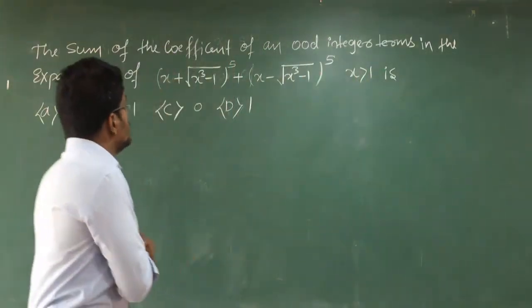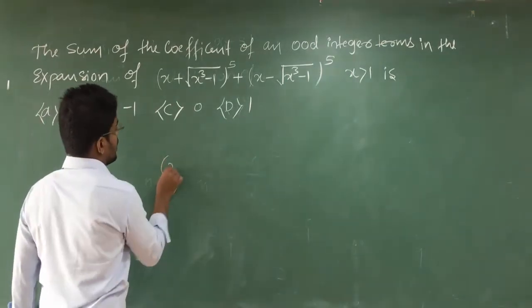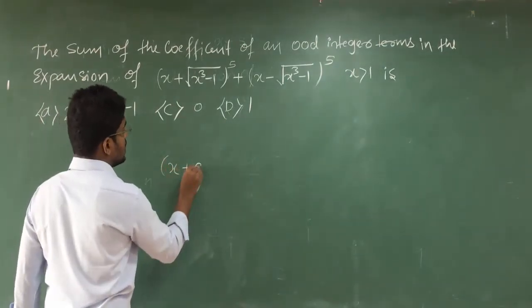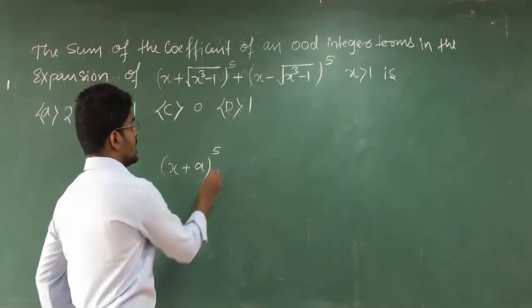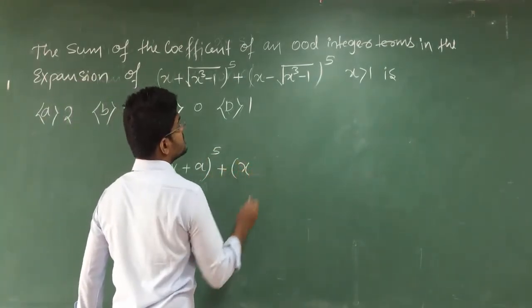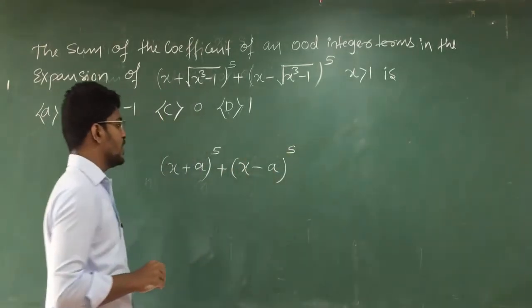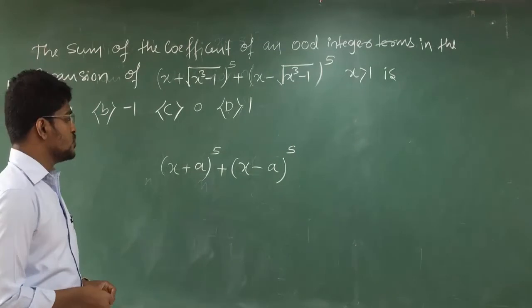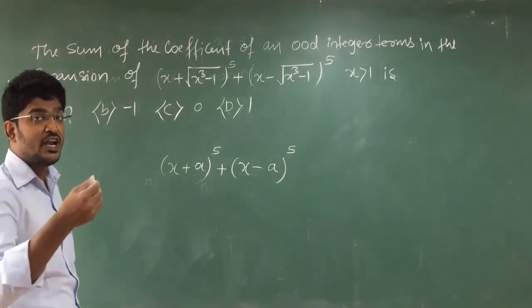No problem. So I will take this equation as, see here, x plus a whole to the power of 5. Next I will write x minus a whole to the power of 5. No problem. So now I have to write the sum of the coefficients of odd integers.